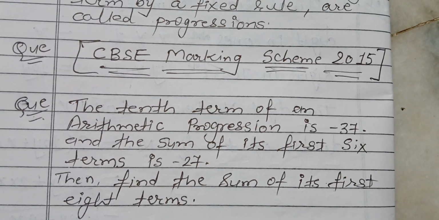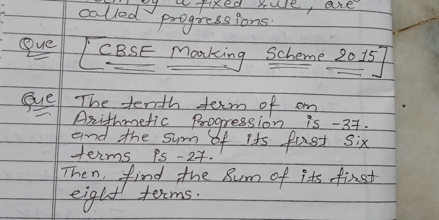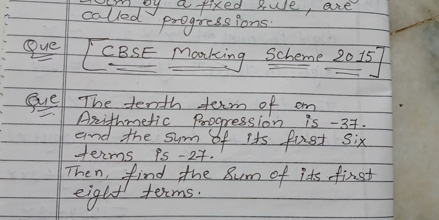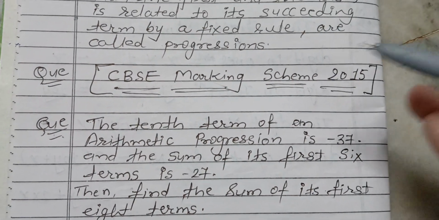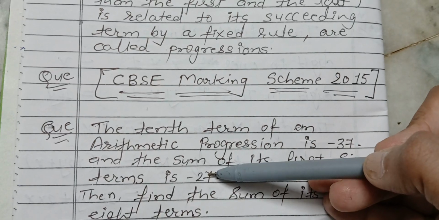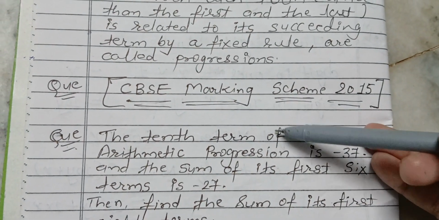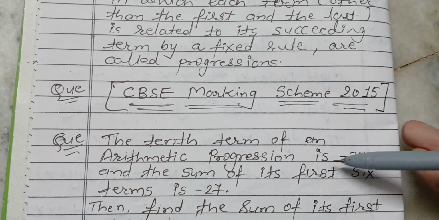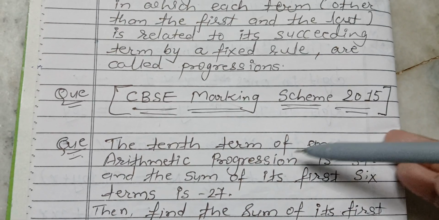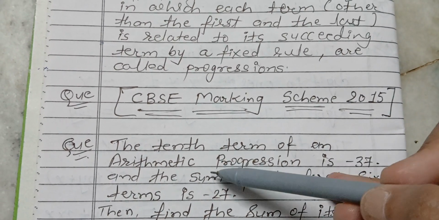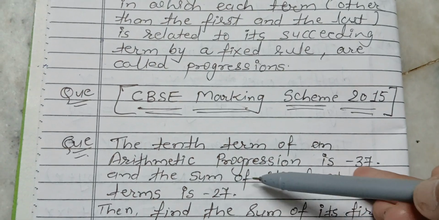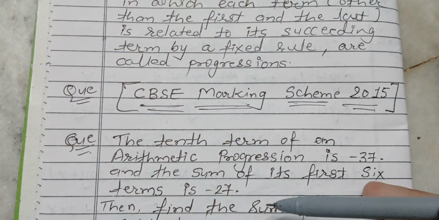And in the second part of the question, what we have been given is the sum of its first 6 terms, which is minus 27. So in the first part we have one fixed term, the 10th term of that sequence, minus 37, and in the second part we have been given the sum of the first 6 terms.